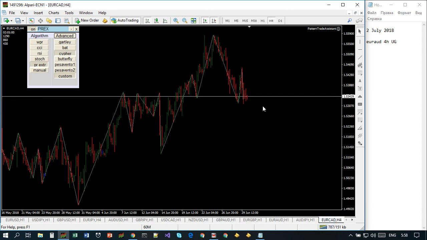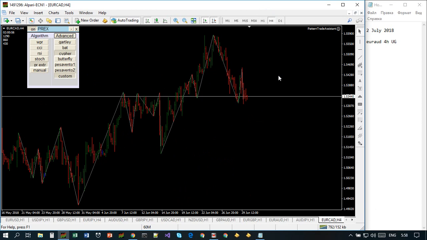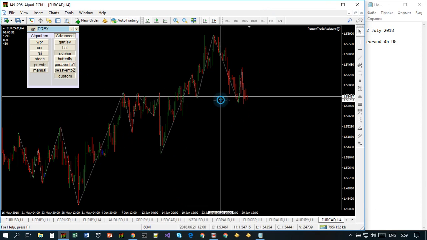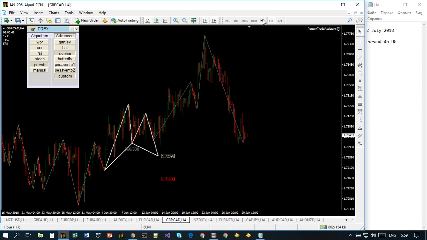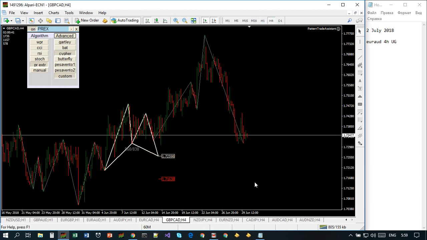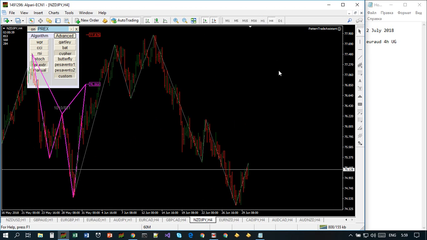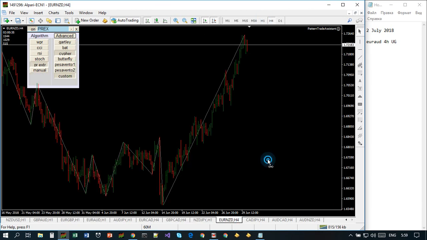Okay, Euro Canadian. This ugly head and shoulders, classic pattern. Ugly classic pattern. 1 hour, 4 hour, pound Canadian. New Zealand yen 4 hour and 1 hour, nothing.